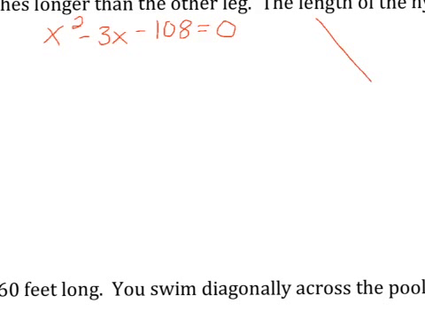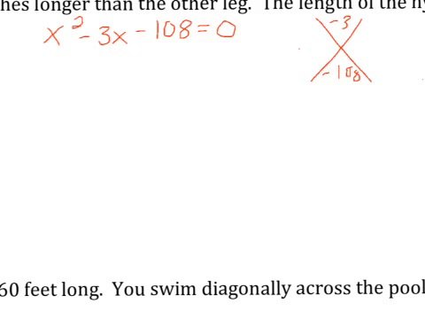Okay, now we need to do the big X and find two numbers that when we add them together we get -3, and when we multiply them together we get -108. So let's see, what goes into 108? I think 12 might. Maybe 12 and 9.